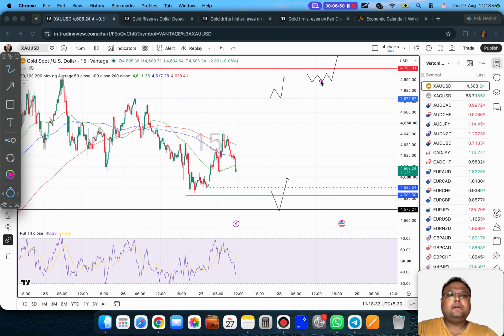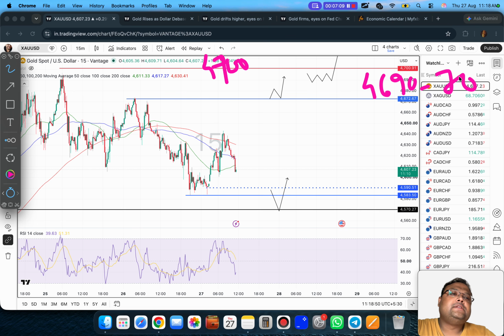And the other opportunity that we have already discussed in a previous video also, is that 4700 is a crucial level. And to break 4700, we need some consolidation. If market consolidates between 4690 and 4670 for 2 to 3 hours, then we can expect that the breakout will be a good one, a strong breakout.